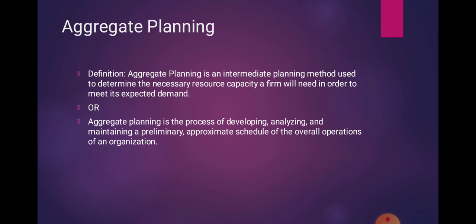The aggregate plan generally contains targeted sales forecast, production levels, inventory level, and customer backlogs. This schedule is intended to satisfy the demand forecast at a minimum cost.